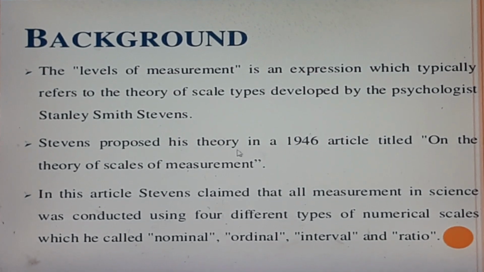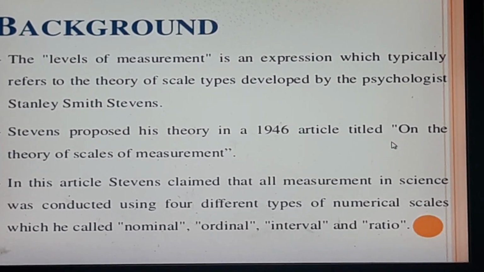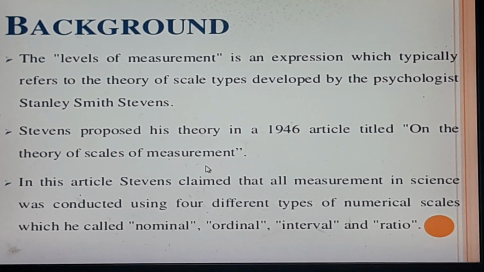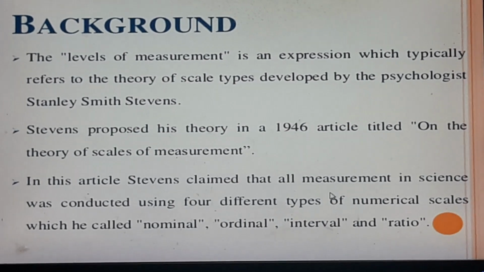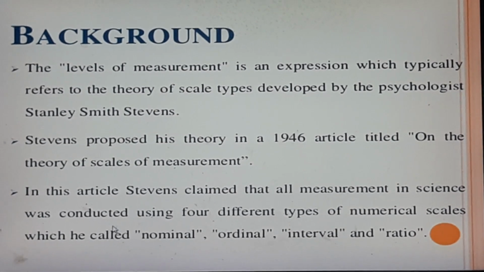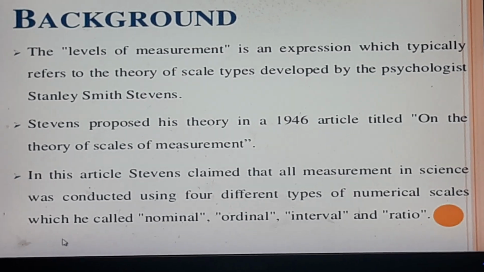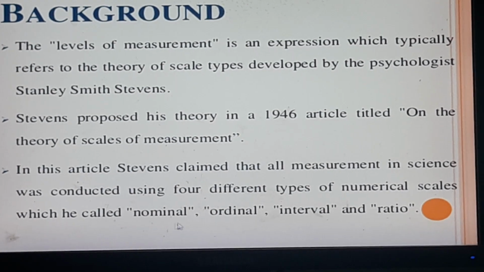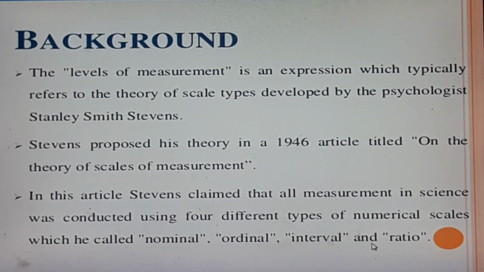Stevens proposed his theory in 1946 in an article titled On the Theory of Scales of Measurement. In this article, Stevens claimed that all measurement in science was conducted using 4 different types of numerical scales, which he called nominal, ordinal, interval, and ratio scales.